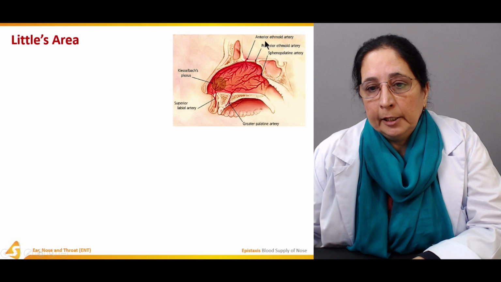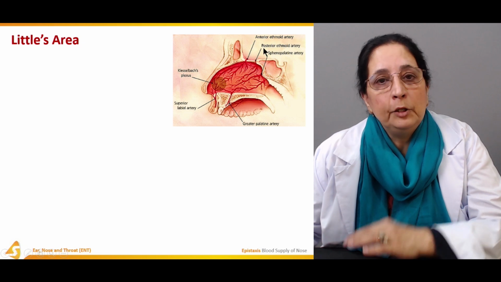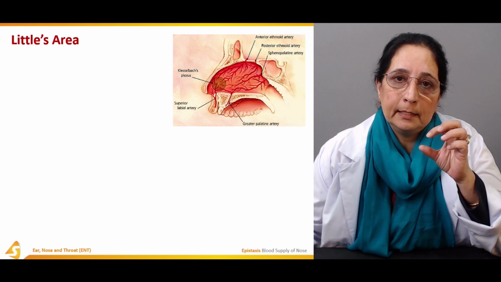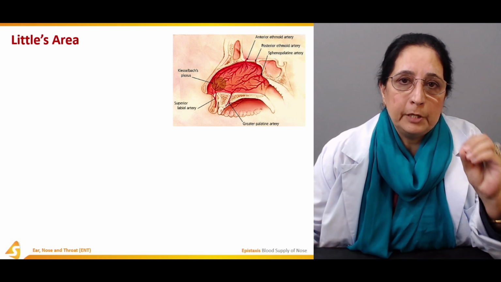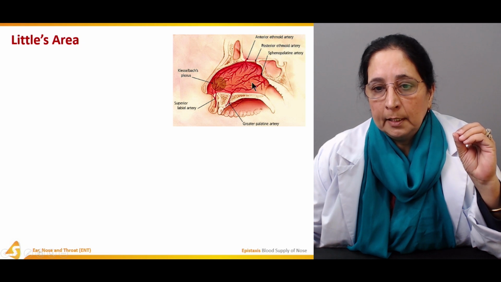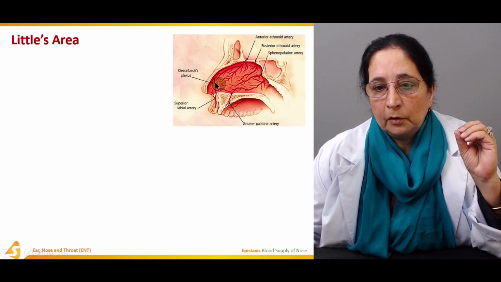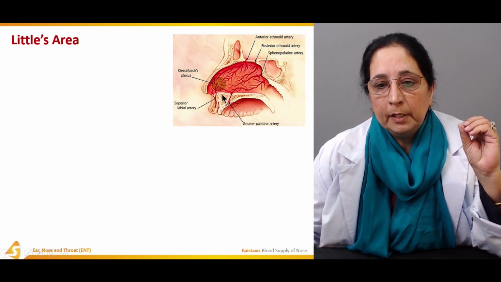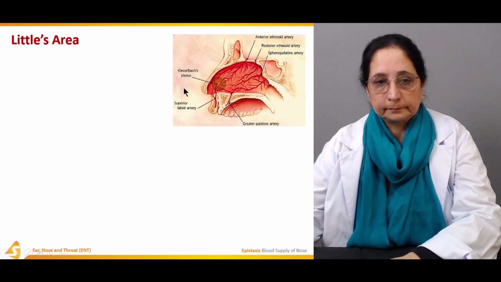The posterior ethmoid artery, even though it supplies the septum and the lateral wall, is not taking part in the formation of the plexus. Sphenopalatine artery is taking part in the formation of plexus. Then we have greater palatine artery and superior labial artery.